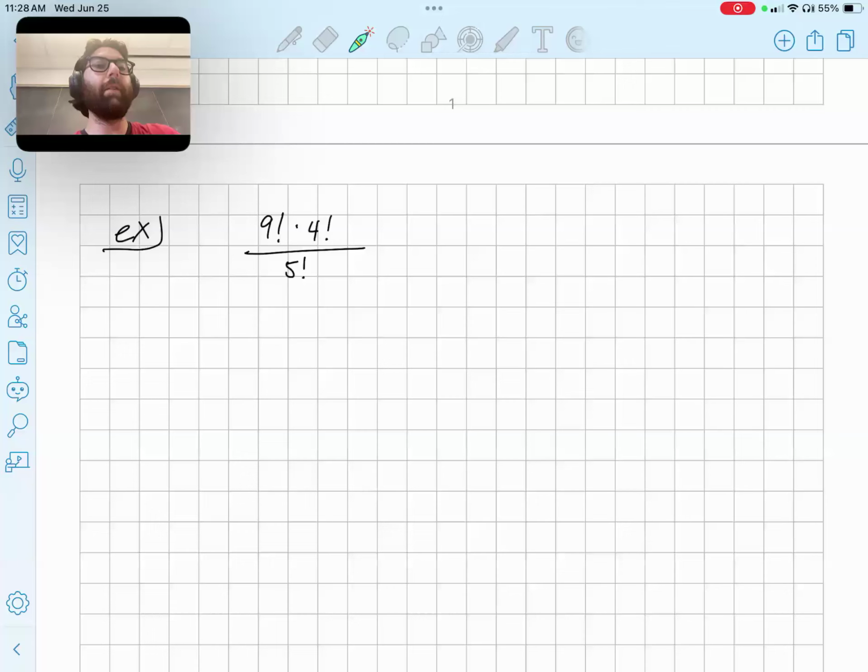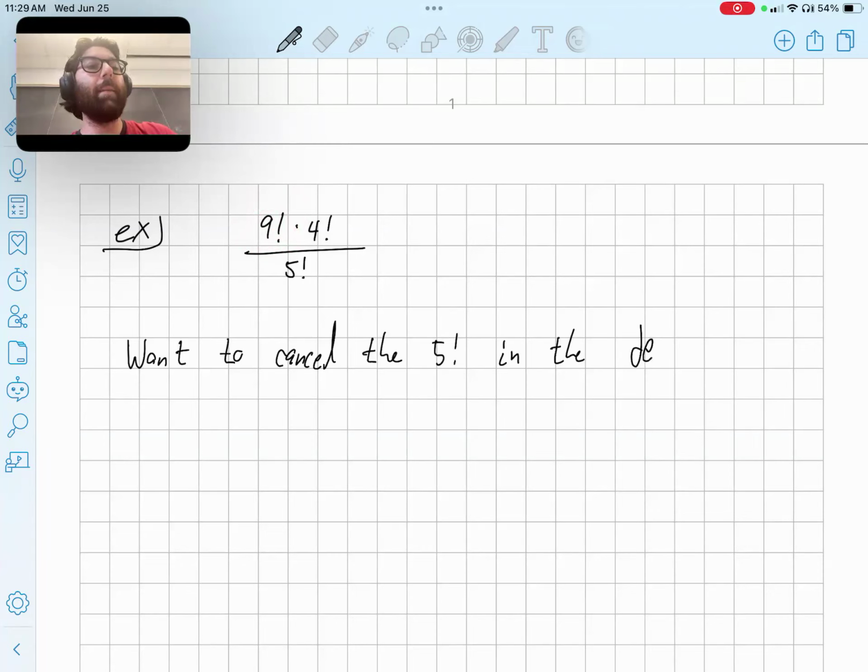I notice 9 is bigger than 5. And so when I start writing out the 9 factorial, I'm going to do 9, 8, 7, 6, 5. And once I start writing that out, I'll have a 5 factorial. So I want to cancel the 5 factorial in the denominator.